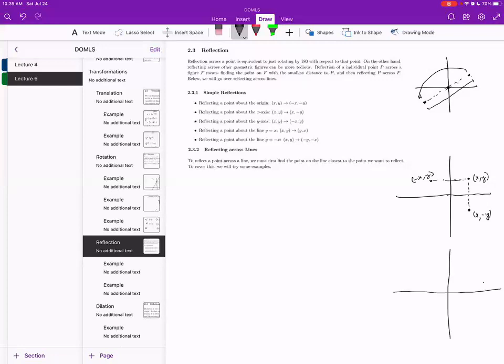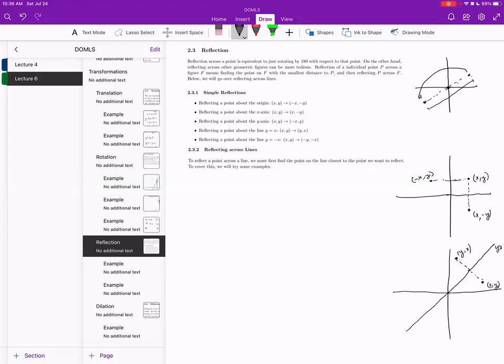If we have some point x1, y1, and we have this line y equals x, then when we reflect across lines, we have to find the point on the line that's closest to the point that we're reflecting, and then reflect it across that point. So this new point is actually going to have coordinates y comma x.